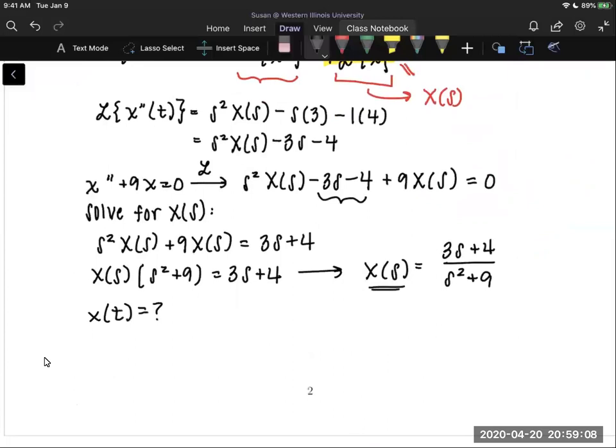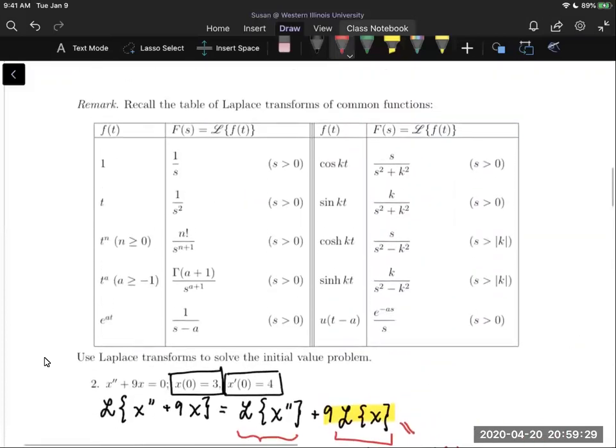And so now is where we want to refer back to our table of common Laplace transforms. What I'm seeing in the denominator is this s squared plus 9 that looks of the form s squared plus 3 squared, or s squared plus k squared. So we're familiar with this. Let's move back up here.